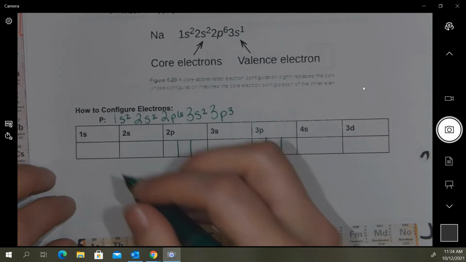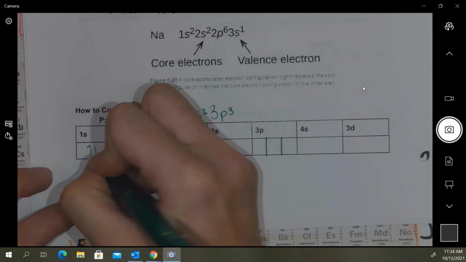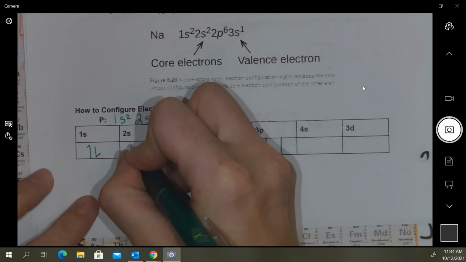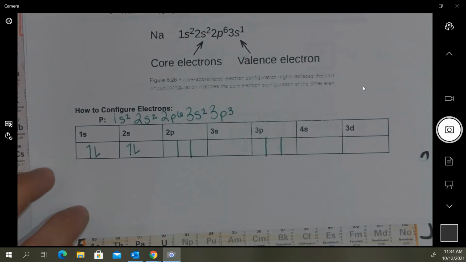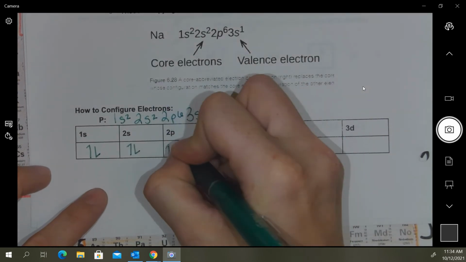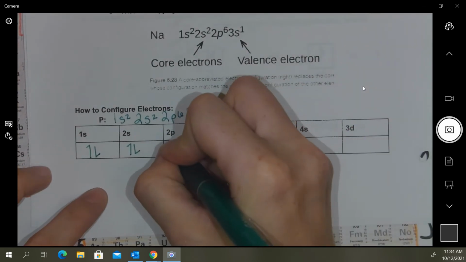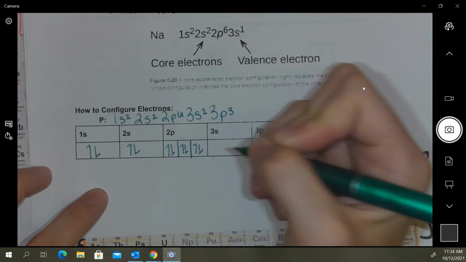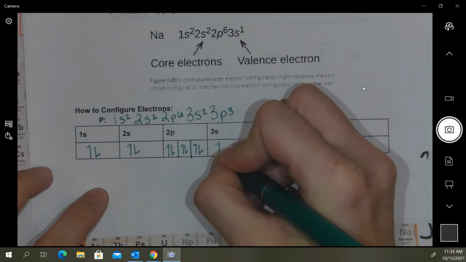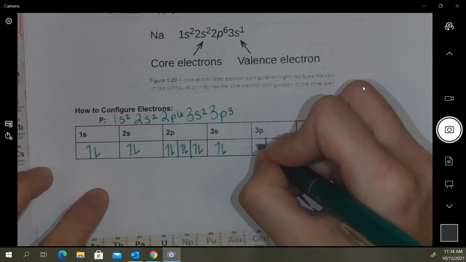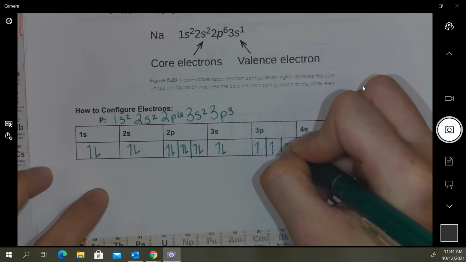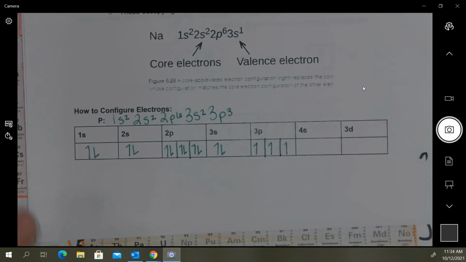So S, we're going to have 2 electrons in our 1s, 2 electrons in our 2s. Our 2p is going to have 1, 2, 3, 4, 5, 6. Our 3s is going to have 2 electrons, and our 3p is going to have 3 electrons. Remember, we fill our up arrows first. So up arrows first, 1, 2, 3.